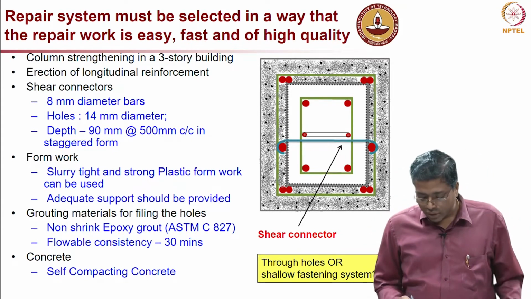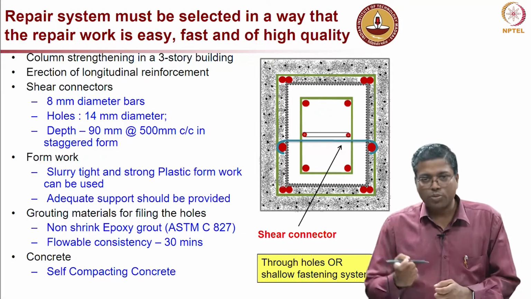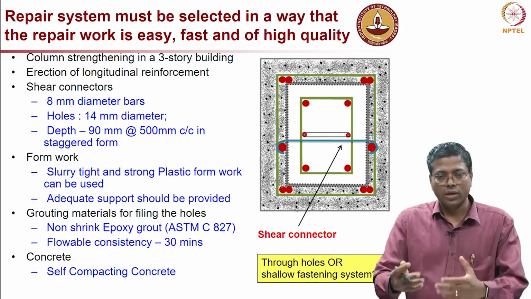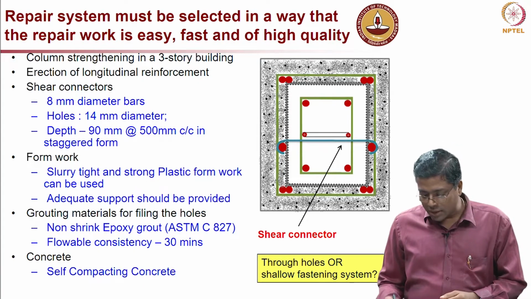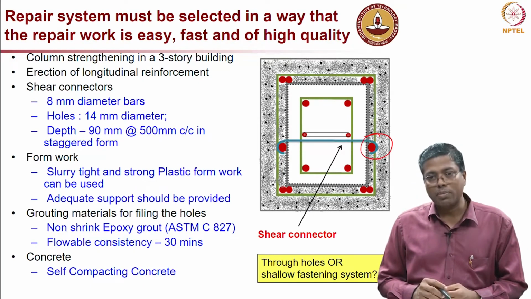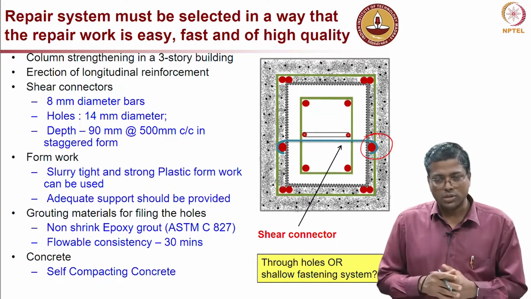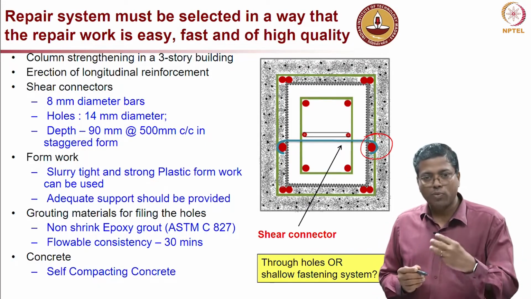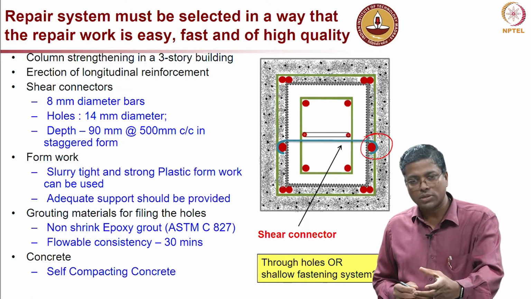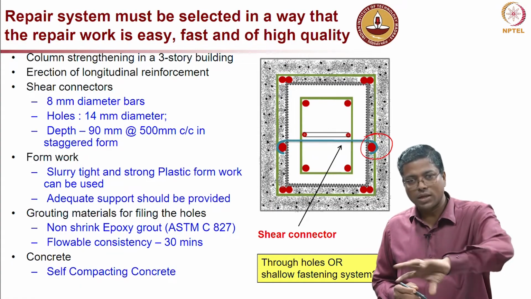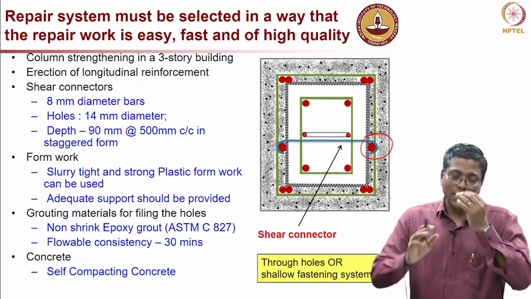Let us say you provide the hook on one side of the column, but if the other side is already bent, then you cannot really do this job. So, you have to keep one side straight, push it through the drilled hole, and once it comes to the other side, then you have to bend it on the column.